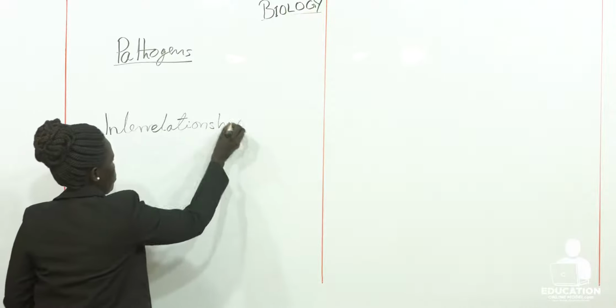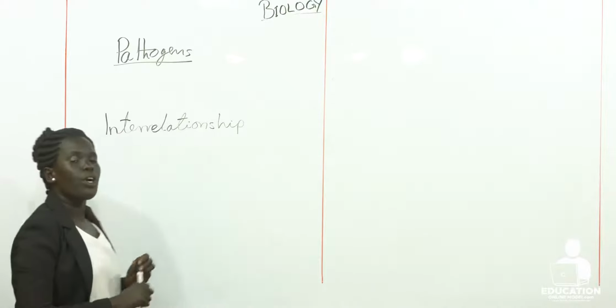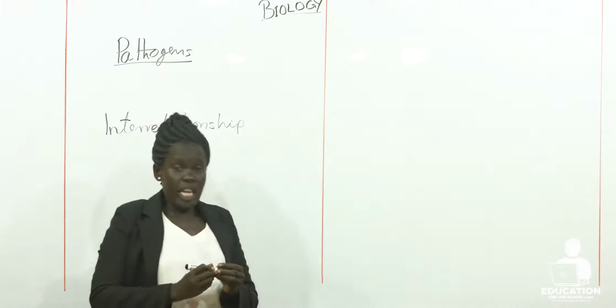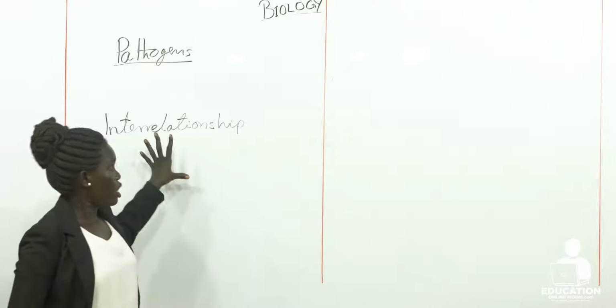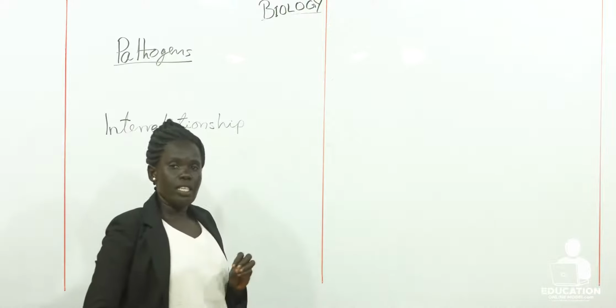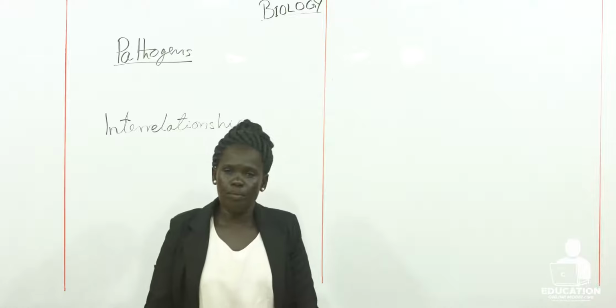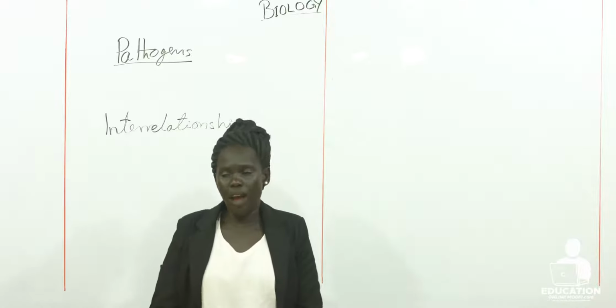Interrelationship was one of the criteria used to divide the kingdoms into 5 kingdoms.